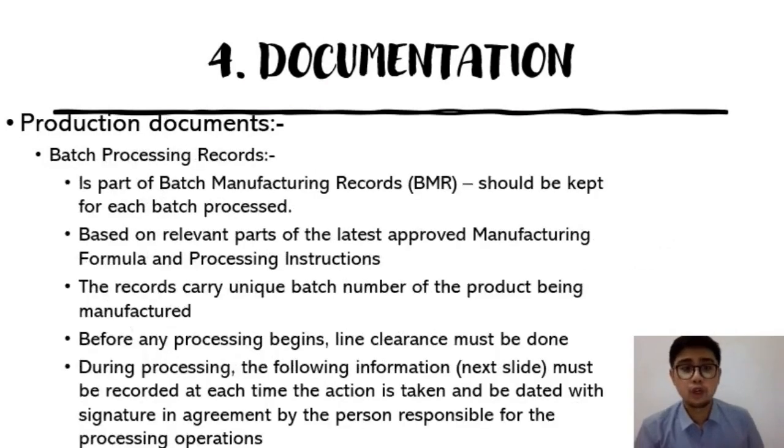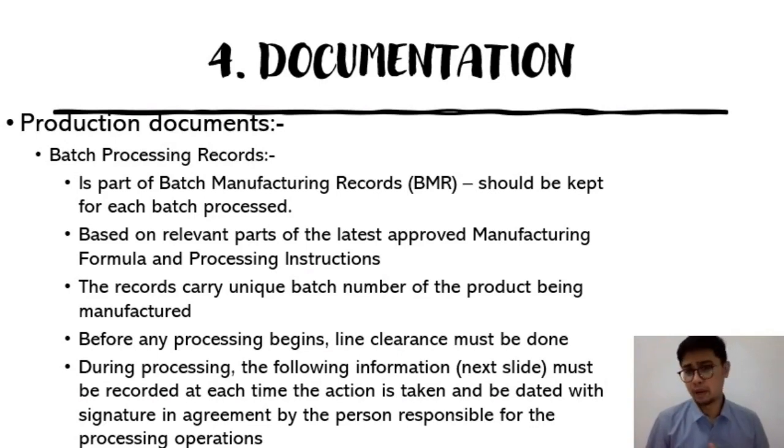Now we go to the third production document, which is batch processing records. In practice, this document is usually termed as batch manufacturing record, or BMR. BMR is actually the umbrella term that refers to both batch processing records and batch packaging records.